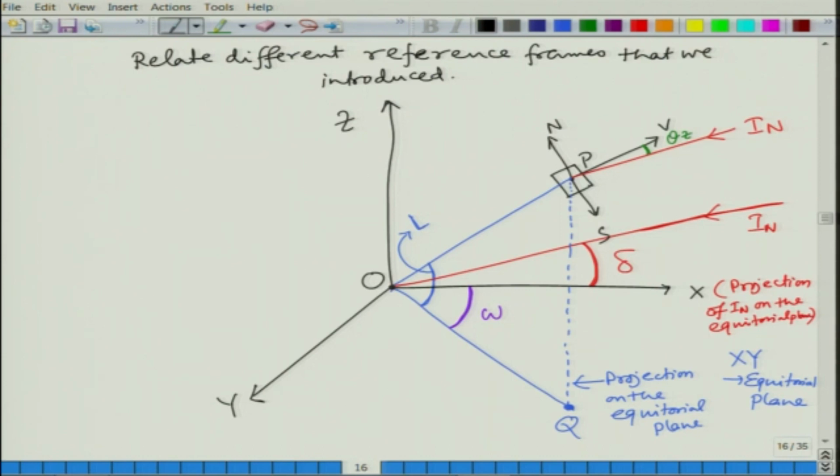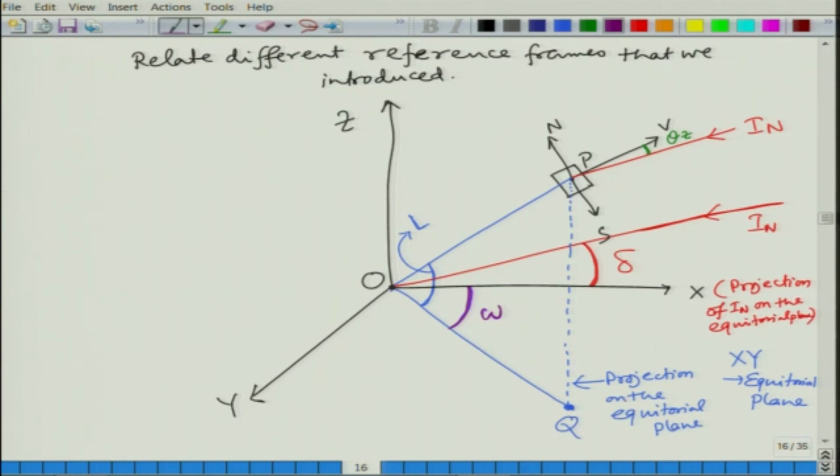Now we have looked at a few angles in this combined reference frame. The first one was the angle between the projection of sun rays on the equatorial plane and the projection of the location of the observer. Basically OX is the projection of sun rays on the equatorial plane, and OQ is the projection of the OP vector on the equatorial plane.